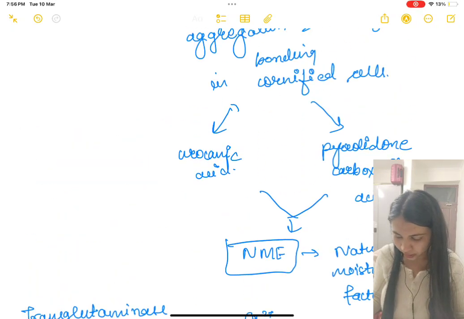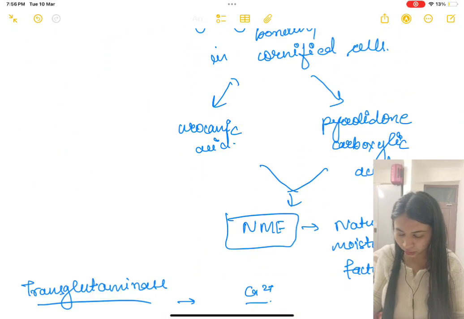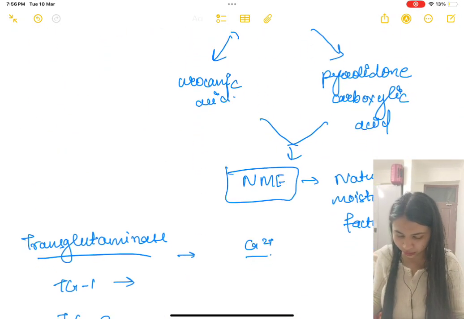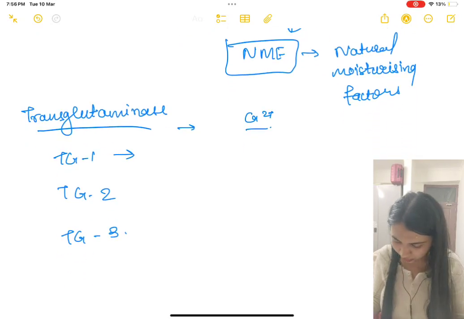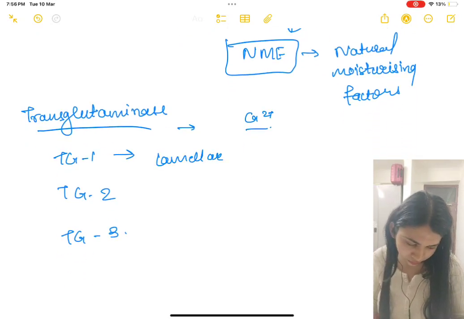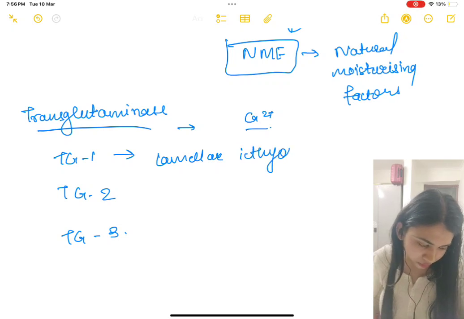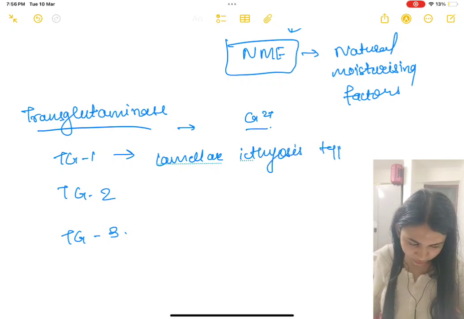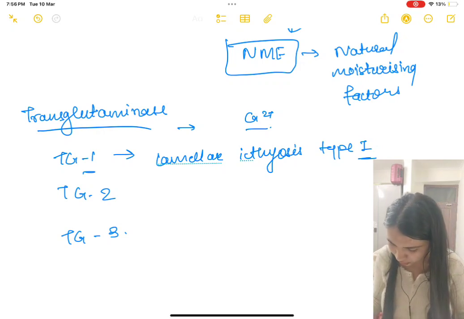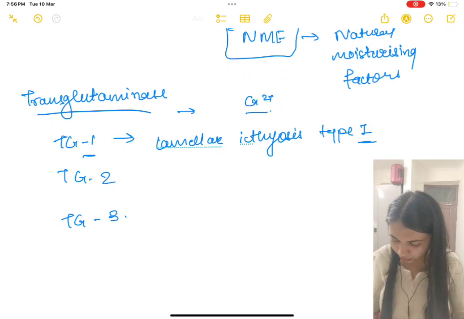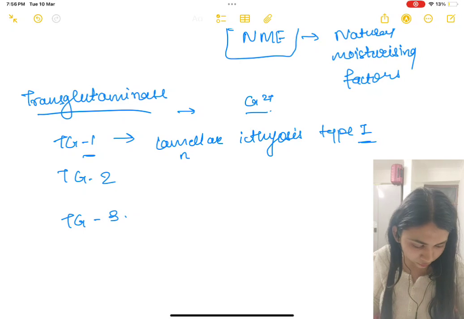Now this TG1, transglutaminase 1, is a keratinocyte transglutaminase which is membrane associated, and TG1 defect will cause lamellar ichthyosis type 1. Okay, so TG1 will cause lamellar ichthyosis type 1, and also it will cause non-bullous congenital ichthyosiform erythroderma, non-bullous CIE.